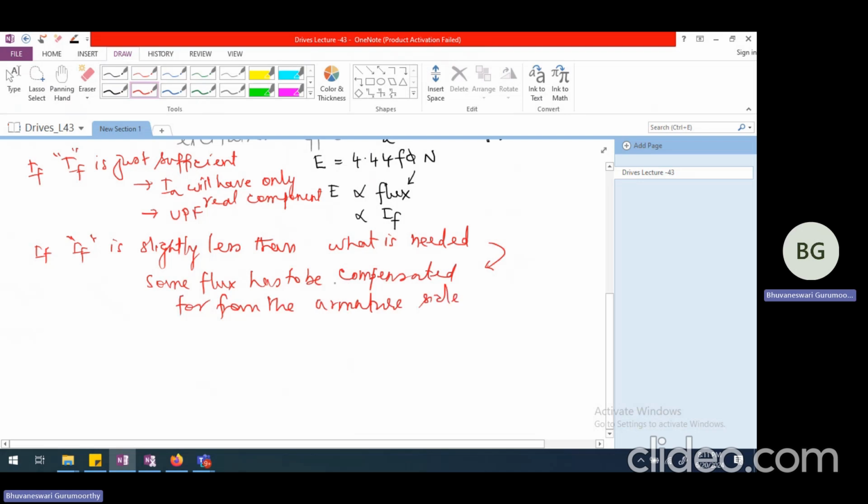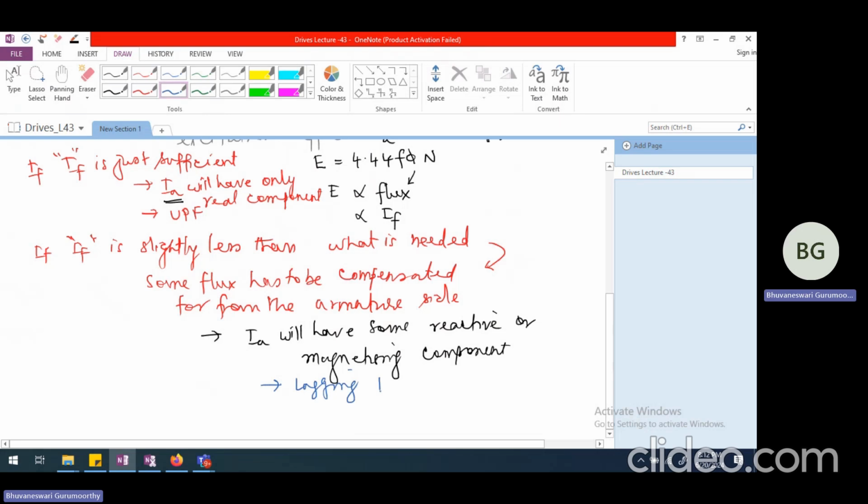So from the armature, not only does the armature current come at unity power factor, but some amount of reactive current also comes. That is the reason why IA will have some reactive or magnetizing component. And the moment you say it is a magnetizing component, it will definitely have an inductive effect. That means it will have a lagging power factor.